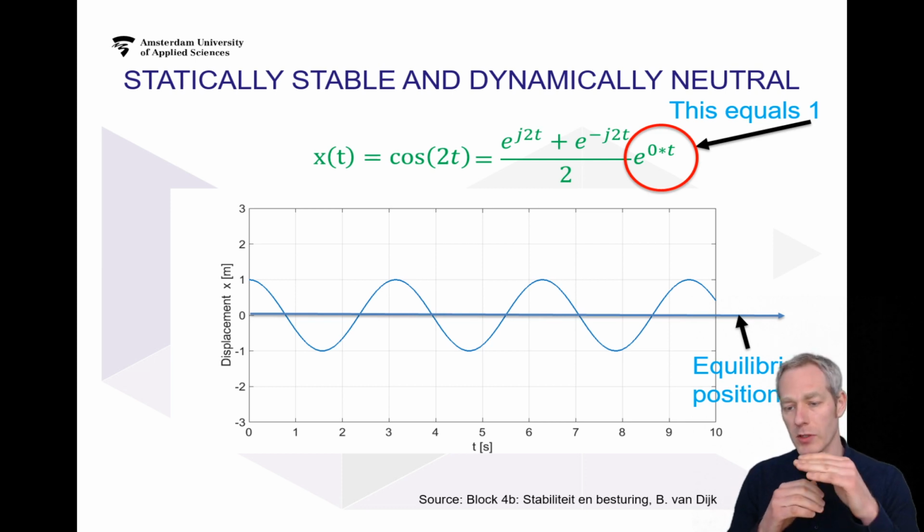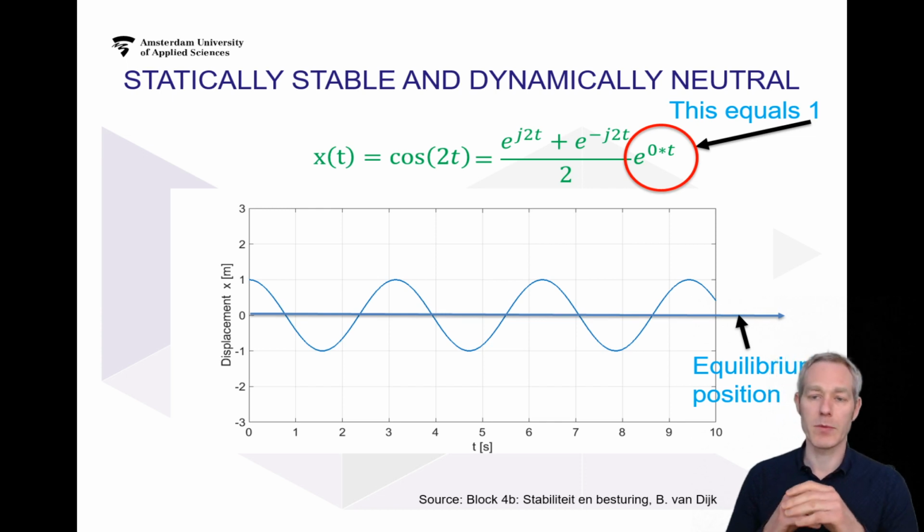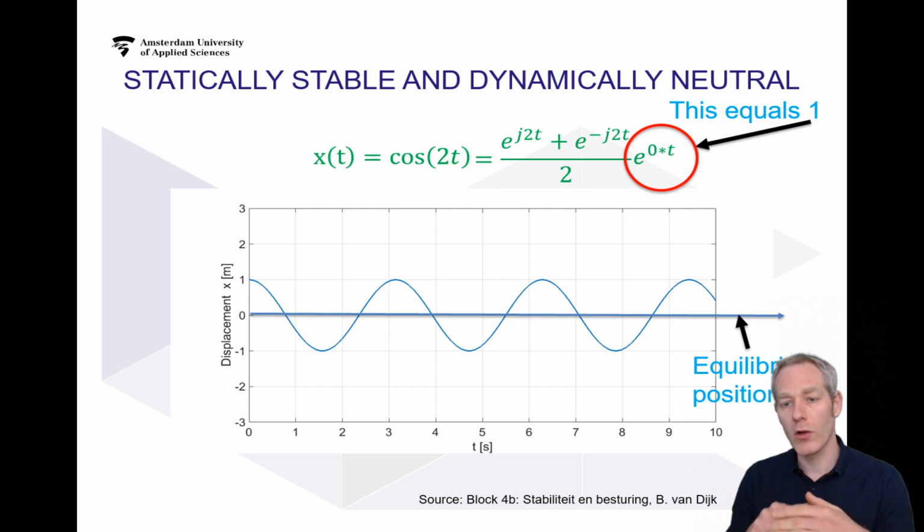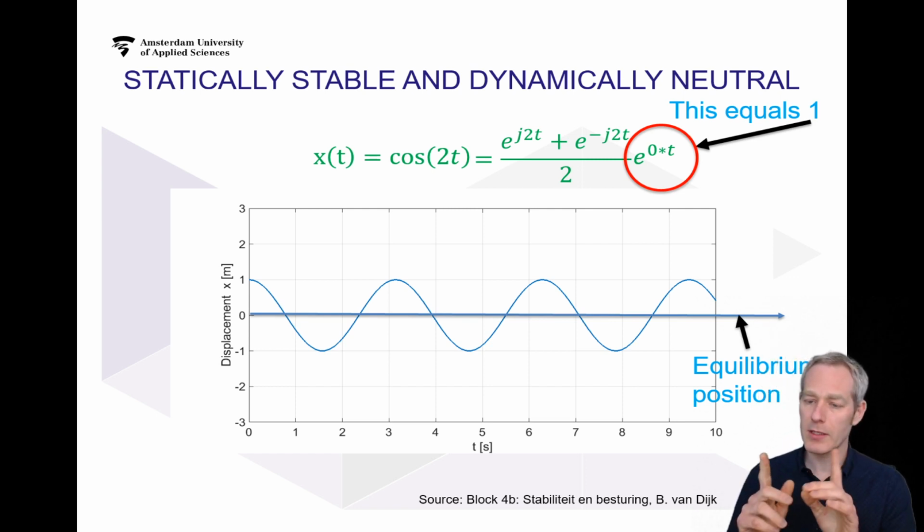If the exponent is positive, it will have an exponential increase, and if it is negative, it will decrease slowly back to 0. And so this is some hint as to what will be required for dynamic stability.